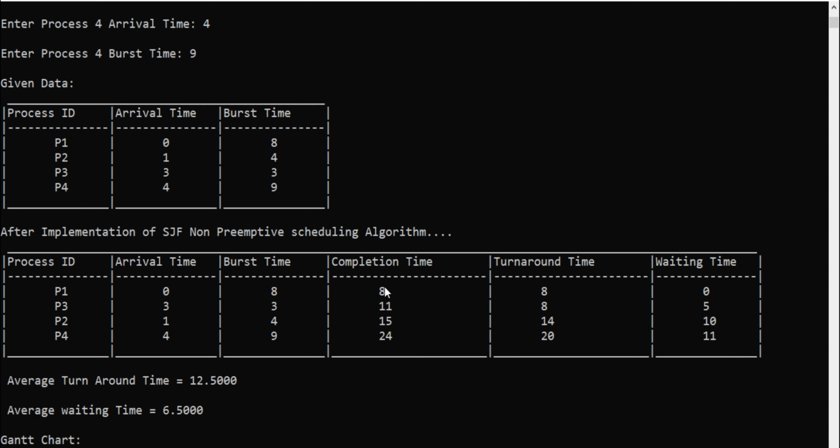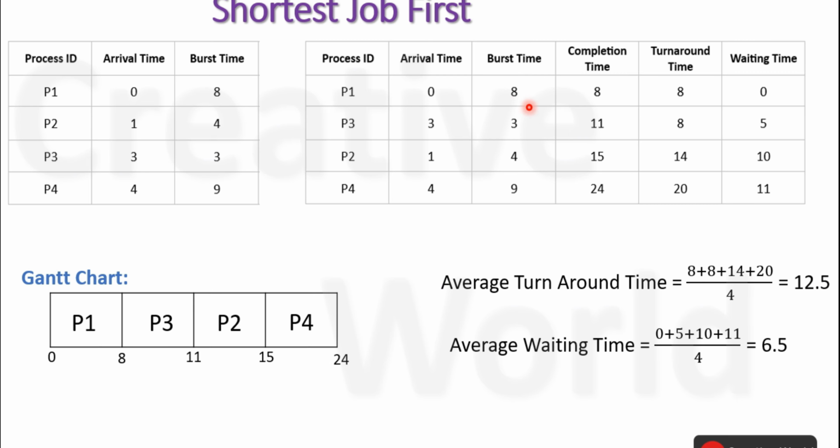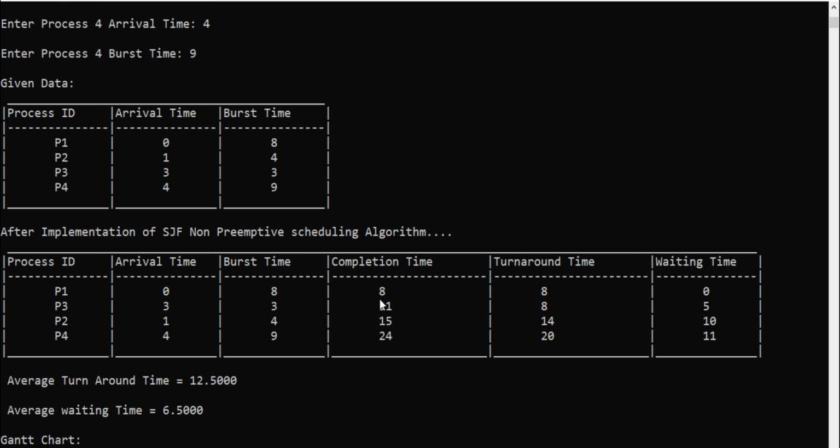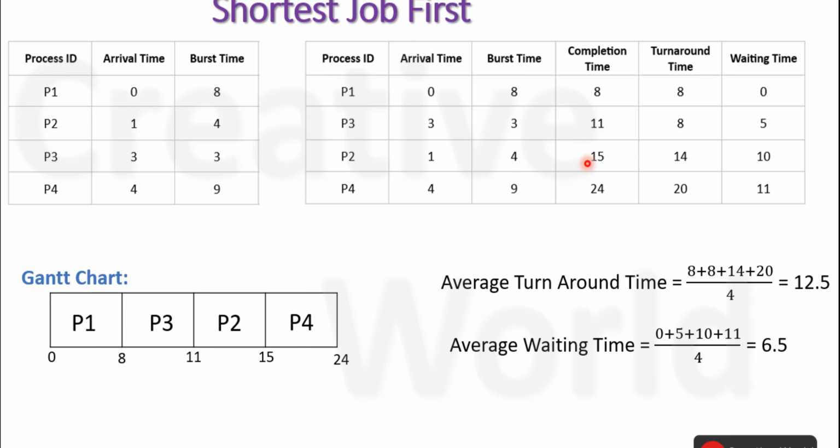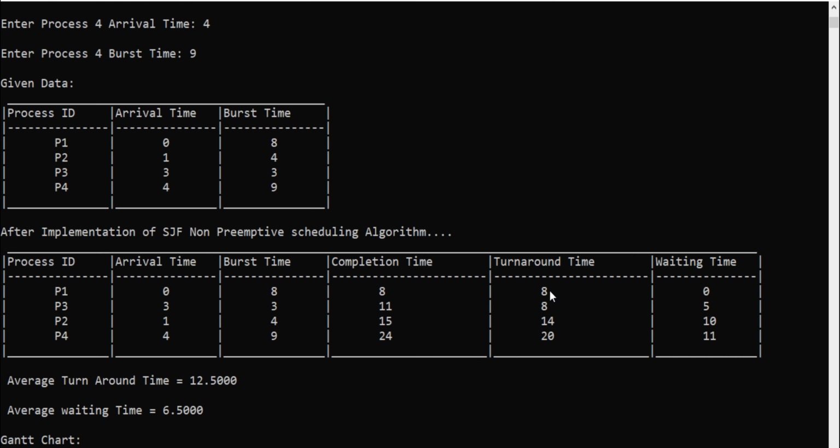P1 completion time is 8, P3 completion time is 11, P2 completion time is 15 and P4 completion time is 24. Now turnaround time is in the same manner 8, 8, 14, 20.